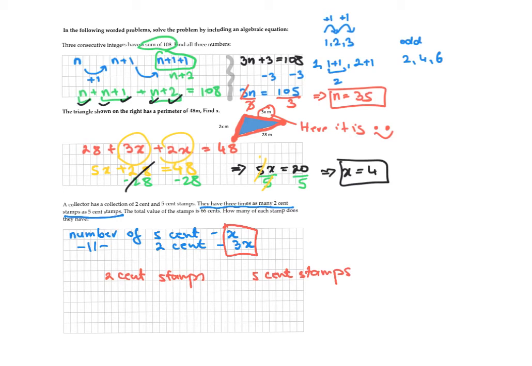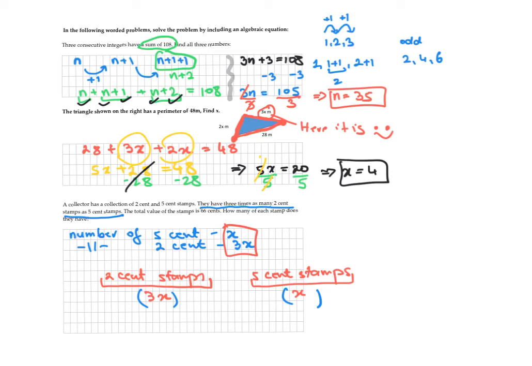So now we do know 5 cent stamps is x, and we do know 2 cent stamps are 3x. However, we have to be careful because this is the number of 2 cent stamps.